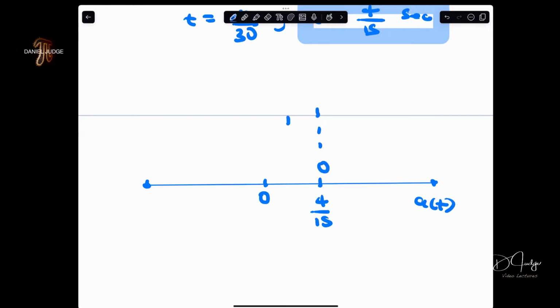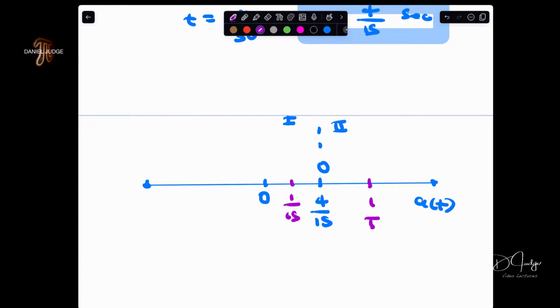And this time, we do have 2 regions to check. So I'm going to put 2 over 15 as a test point for region 1.